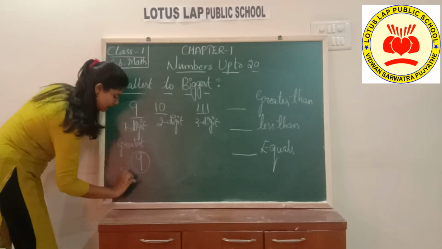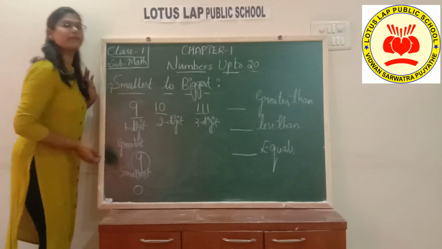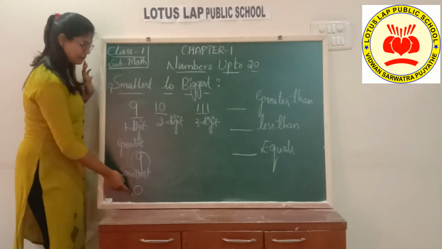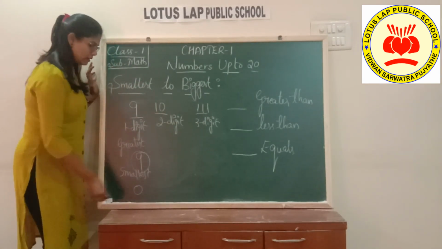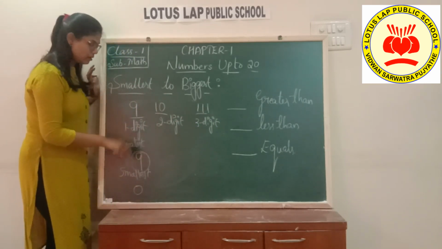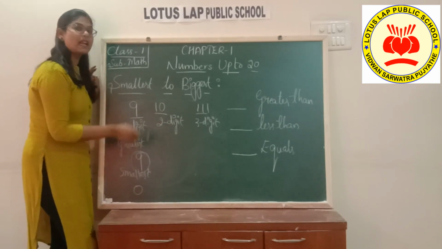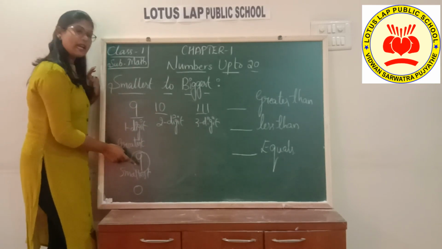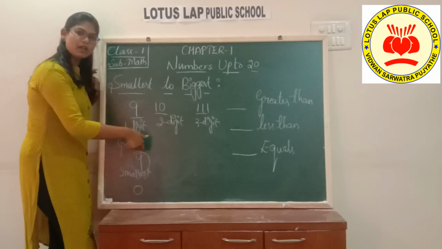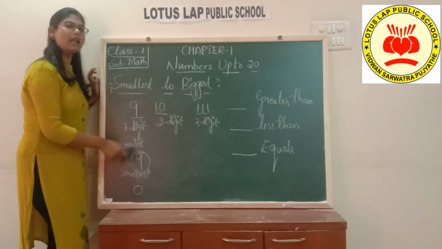Smallest possible one digit is 0. Because it starts from 0. When you see the number scale, it starts from 0 and then after some numbers, 9 will be the last one digit. So 9 is the greatest possible one digit and 0 is the smallest possible one digit.